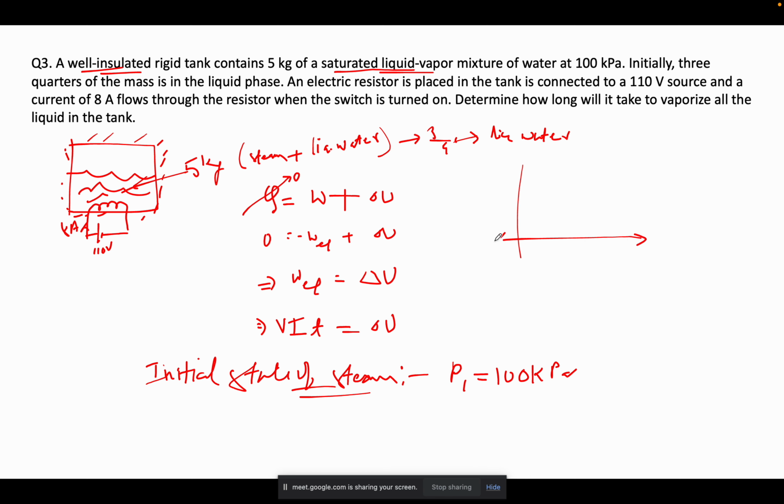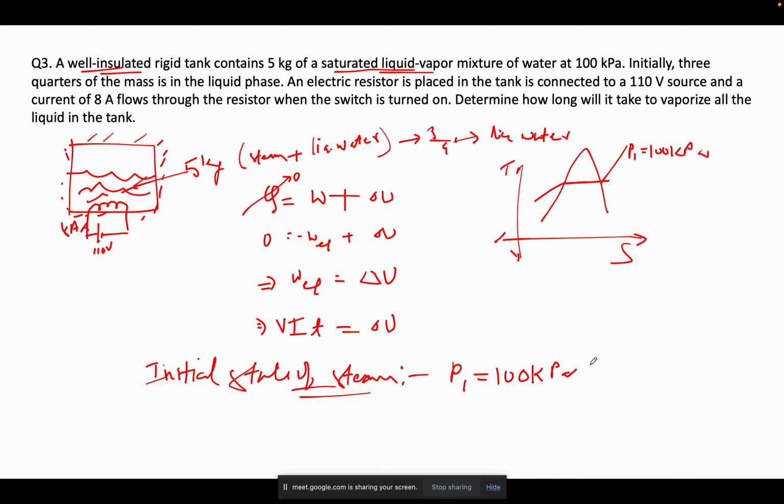That means it lies in this zone. Which zone? There will be so many zones. It will lie in the zone of the pressure corresponding to 100 kilopascal. So this will be my temperature, the T saturation corresponding to 100 kilopascal.